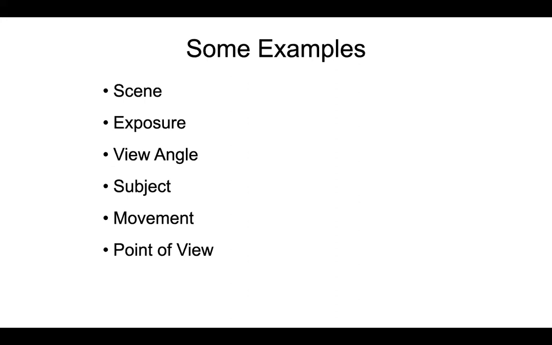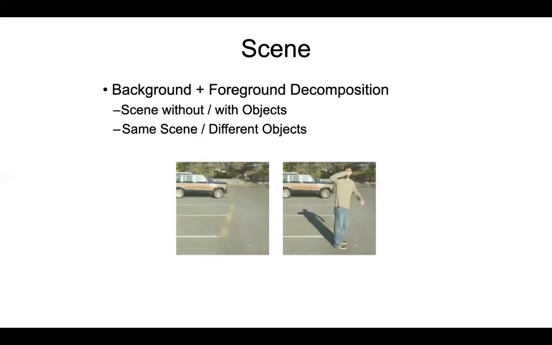There it was light that we were varying. But you can vary the scene, the exposure, the view angle, the subject, the movement, the point of view, and other things, right? So I'm going to give examples of all of these. Like in the case of the scene, we can do a difficult problem, that's the foreground, background decomposition.